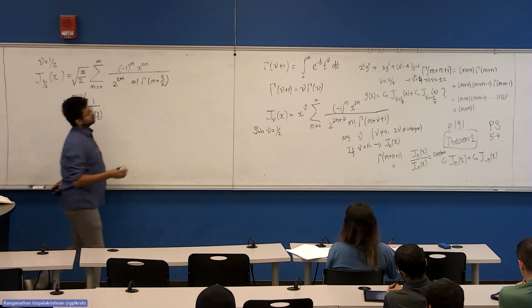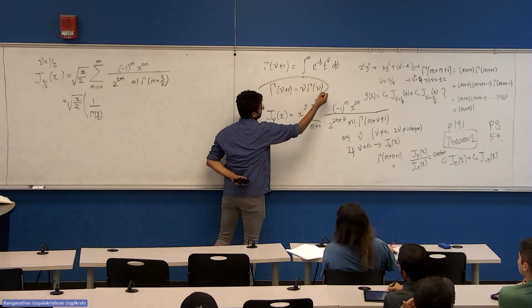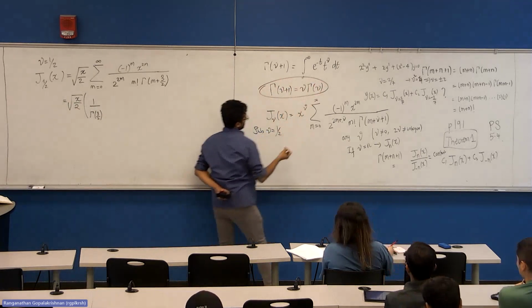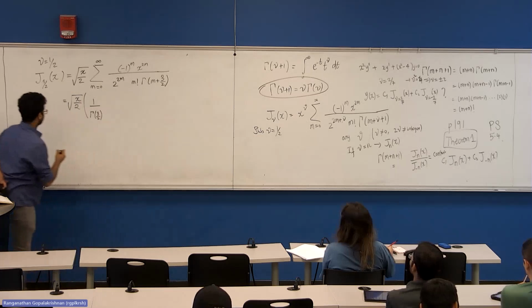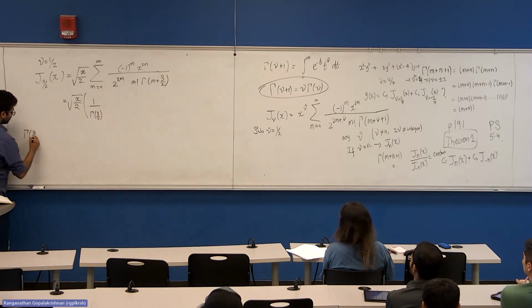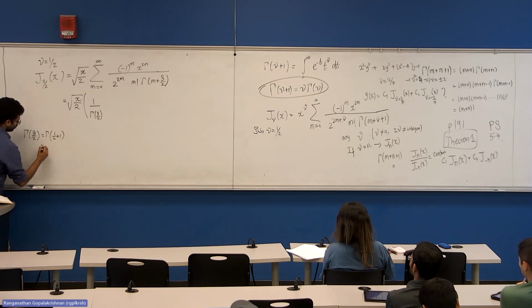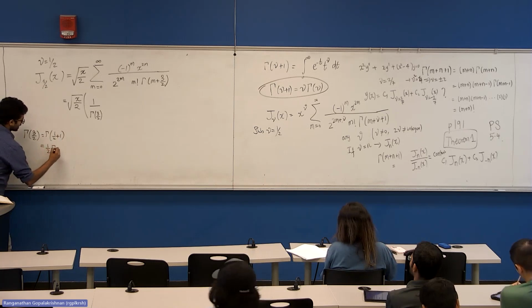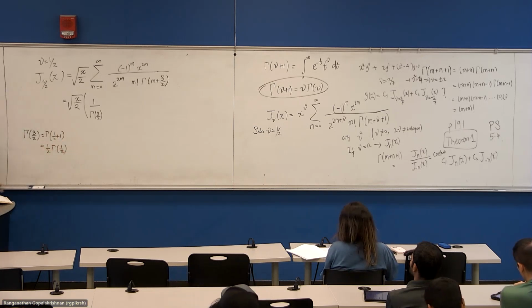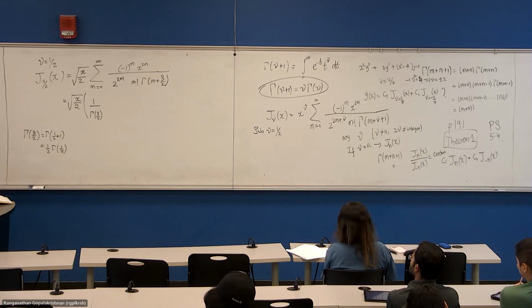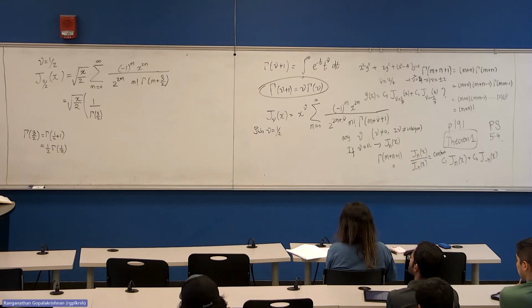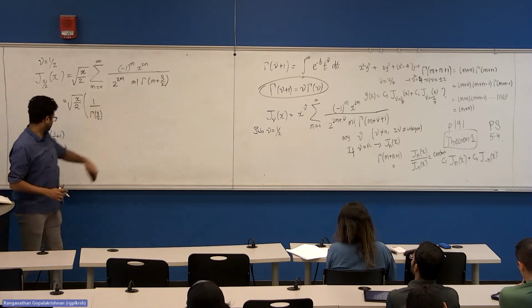You got to at least remember this property about gamma functions, and then what will happen? So if you have gamma of 3 by 2, this is gamma of 1 by 2 plus 1, which is half times gamma of half. You don't need to even be able to compute what is gamma function or evaluate the integral or anything.